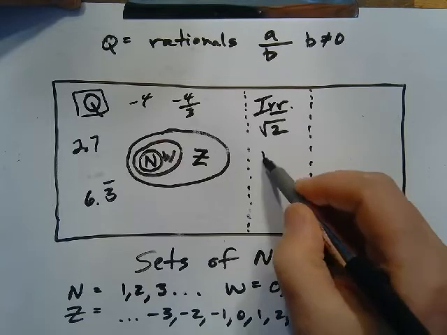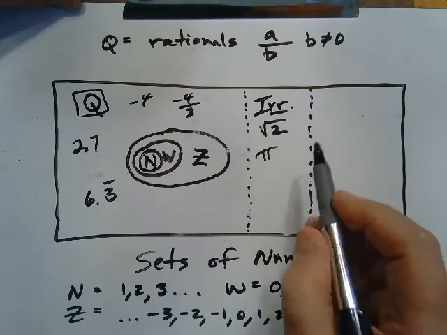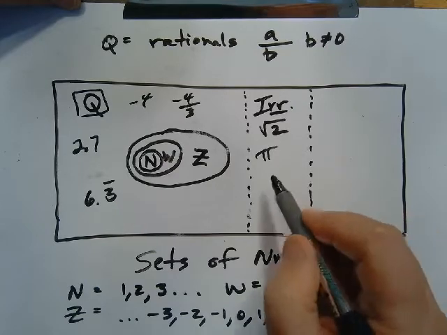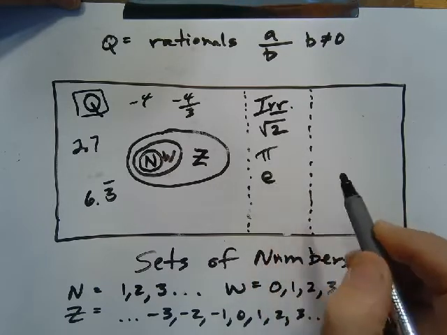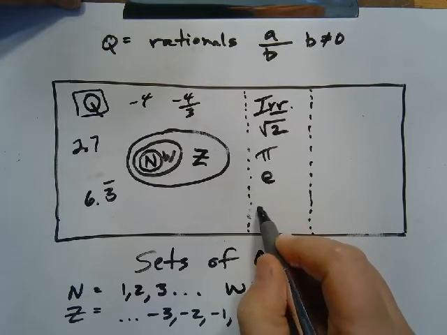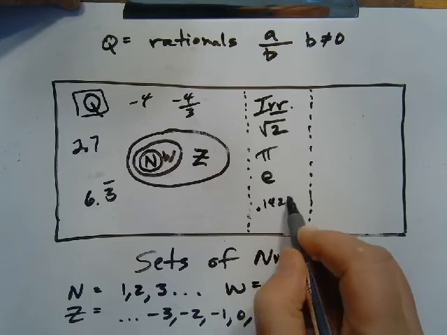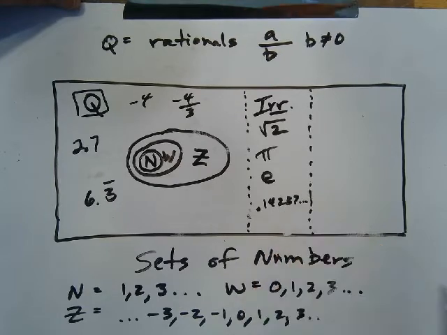Or something like pi. Pi is an irrational number. Or like we just got done covering in the section on exponentials, e is an irrational number. It doesn't stop. It keeps going forever. Anything like that doesn't have a pattern, like 0.142377 and it keeps going on forever. Those are all the irrational numbers.